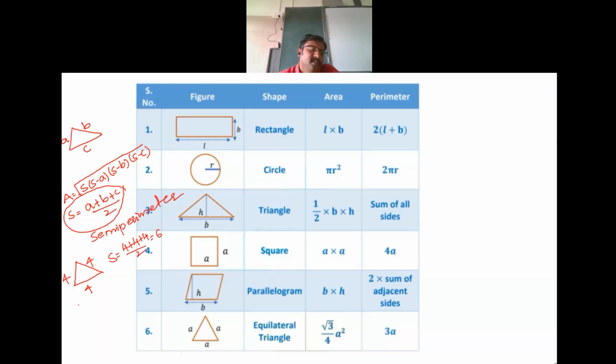Now you apply the formula here. Area is root of 6 into 6 minus a, which is 2, into 6 minus 4, which is 2 again, into 2 again. So it is root of 6 multiplied to 8, which is 48.